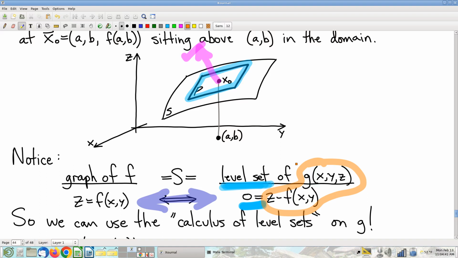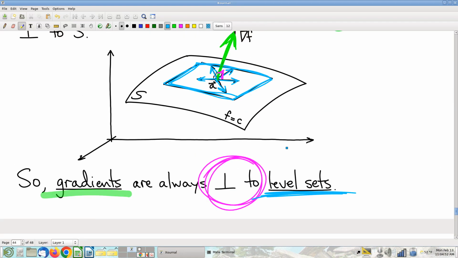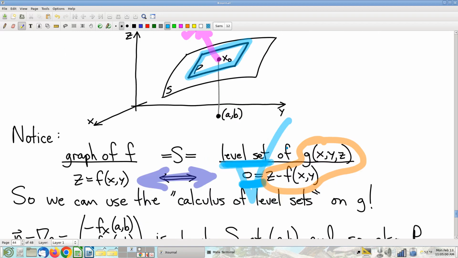Do I have a theorem about vectors being perpendicular to level sets? Why, yes, we do. Vector perpendicular to level set, bam, right here: the gradient is our answer. The gradient of whatever function whose level set we're looking at is perpendicular to that level set. So sweet.